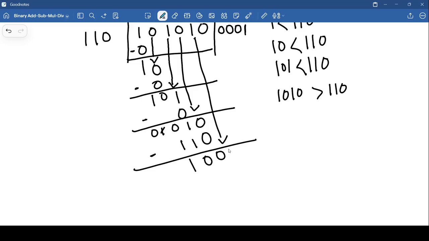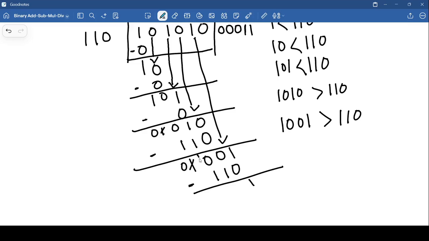The fifth number is 1, and 1001 is greater than 110, so we'll put 110 here, and 1 here. Okay, so 1 0 1 minus 1 1 0, so it will borrow from here, so it will become 0. It will become 10, but it will give a borrow to this, so it will become 1, and it will become 10. So 10 means 2 minus 1 equal to 1, 1 minus 1 equal to 0, 0 means 0.